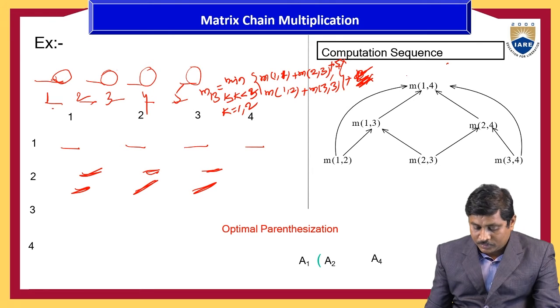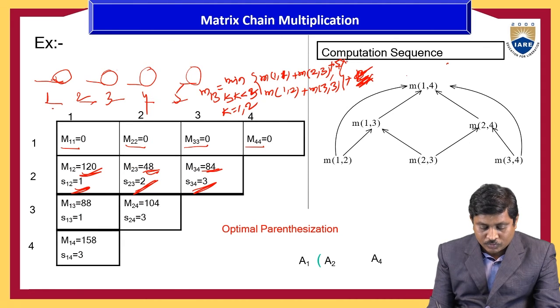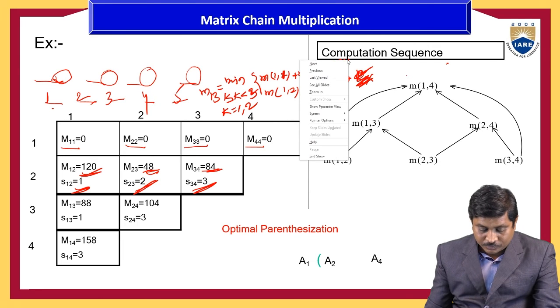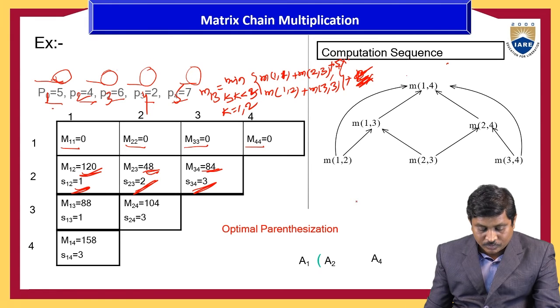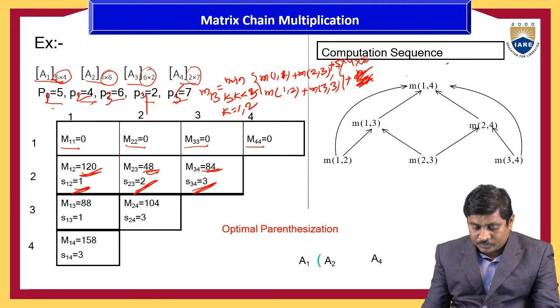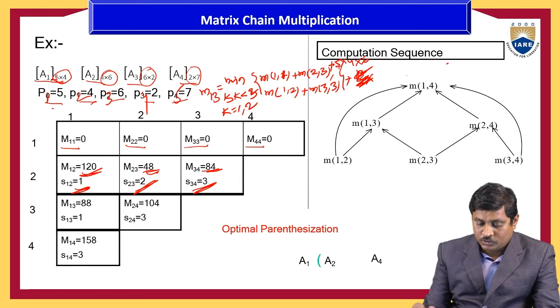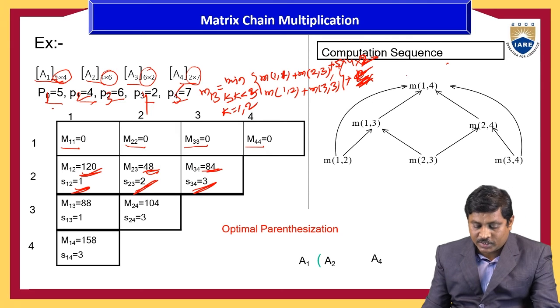Pi is 5, into Pk plus 1. K value is 1, so P2, whose value is 4, into 6. So 5 into 4 into the J plus 1 value; J is 3, 3 plus 1 is 4.